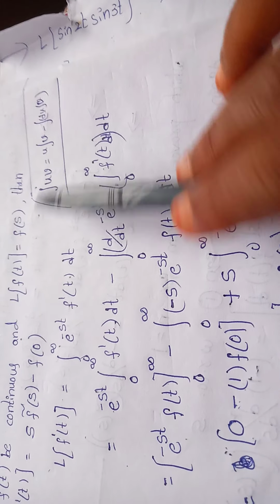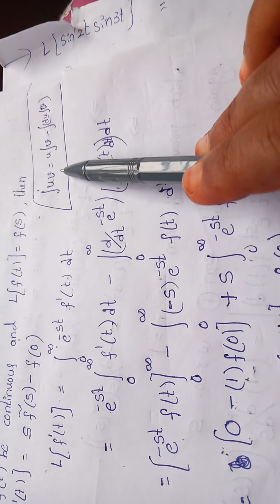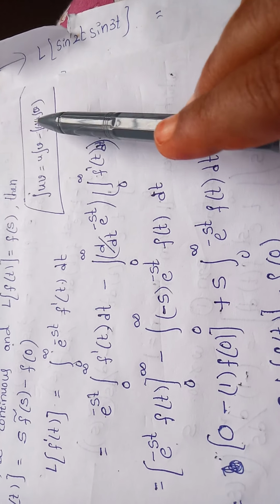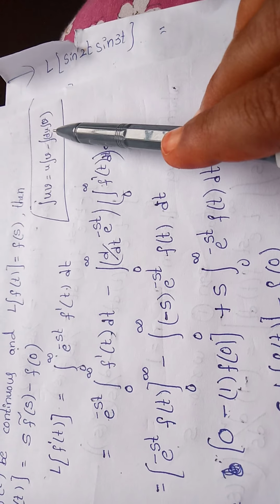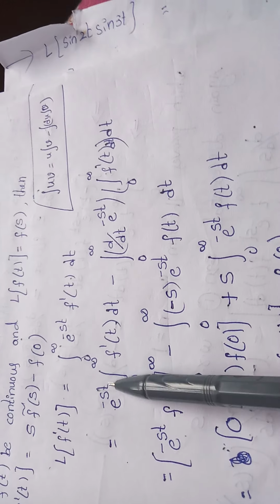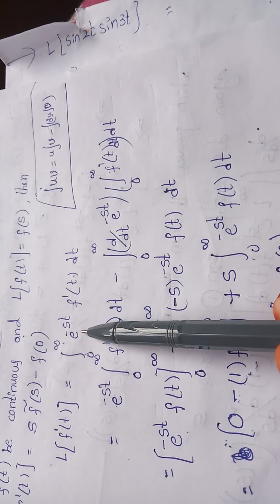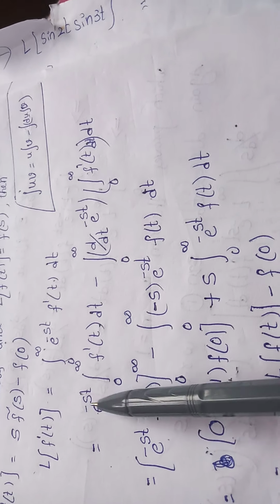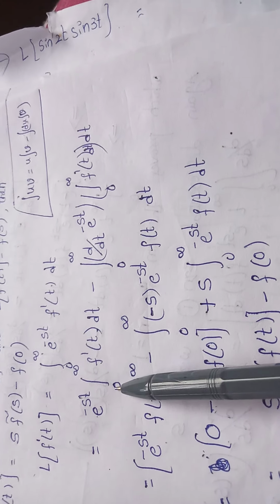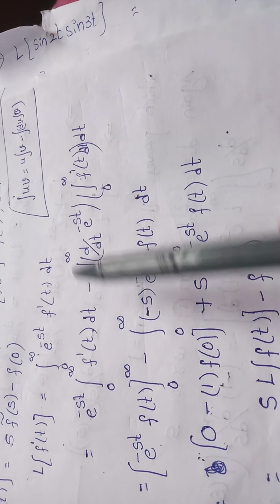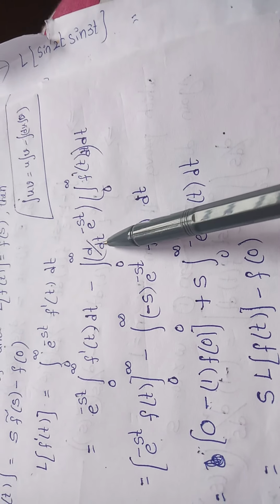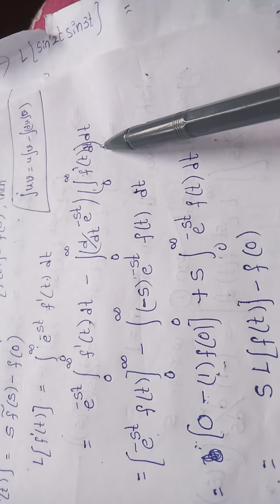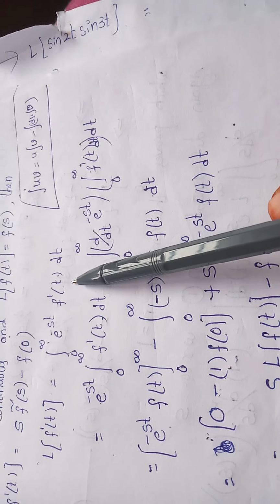That means the integral is in the form u v: u into integration of v minus integration of differentiation of u into integration of v. Here u means e power minus st, v means f dash t. So e power minus st, u into integration of v minus integration of differentiation of u into integration of v dt. You can apply integration by parts.